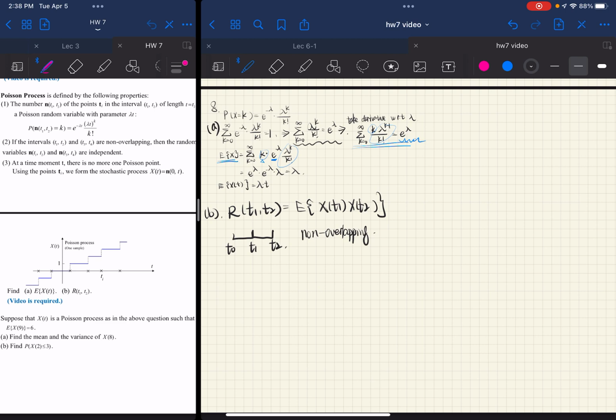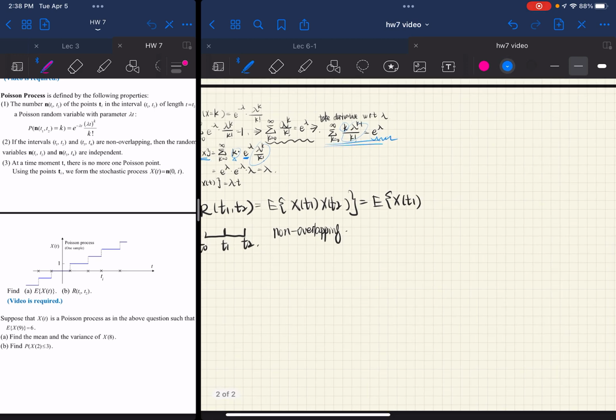Here is the trick: we can rewrite X(t2) to be X(t2) minus X(t1) plus X(t1).